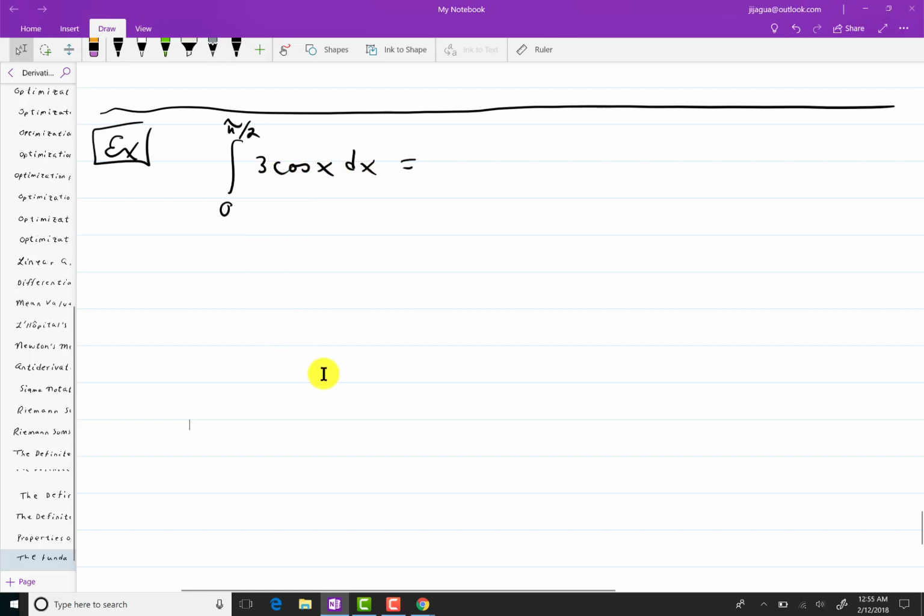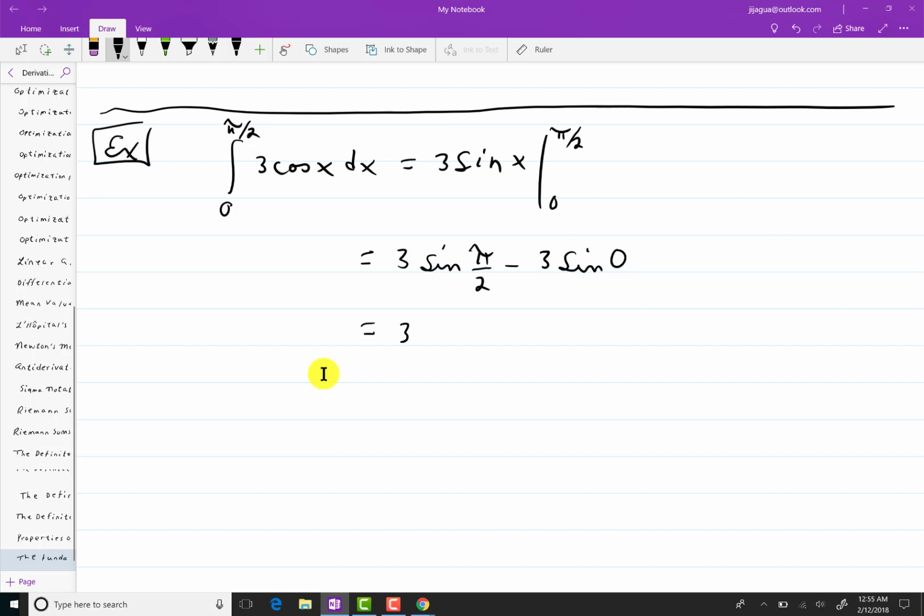That's sine of x. So I have 3 sine of x, and I'm going to evaluate that from 0 to pi over 2. So that equals 3 times sine of pi over 2 minus 3 times sine of 0. That equals 3 times 1 minus 3 times 0. That equals 3.